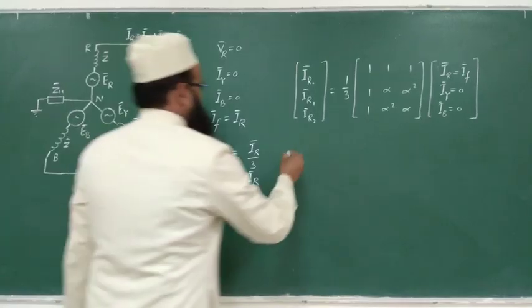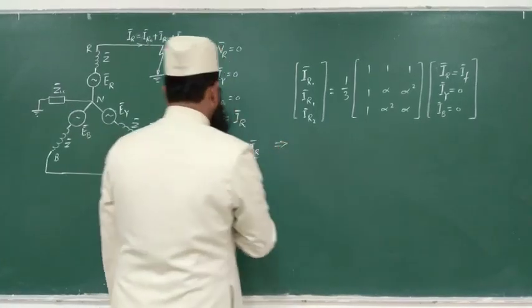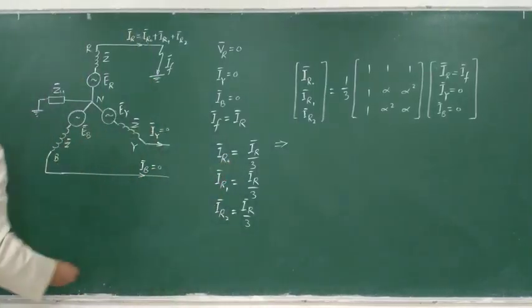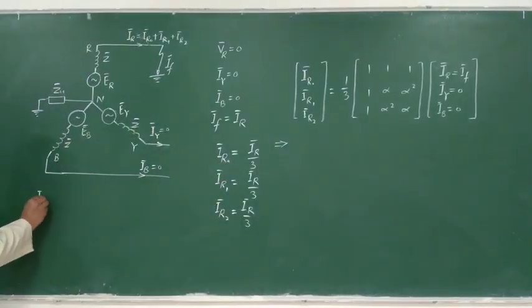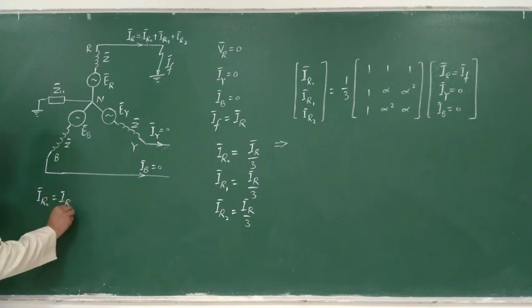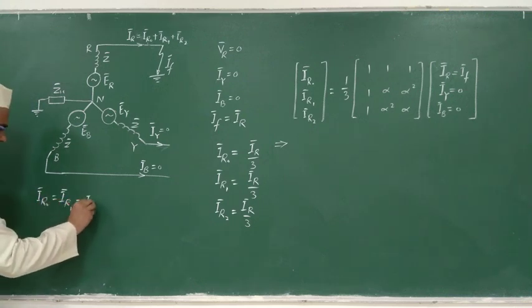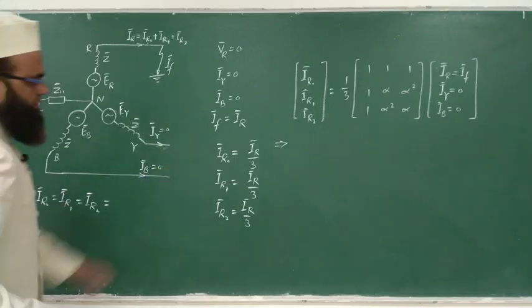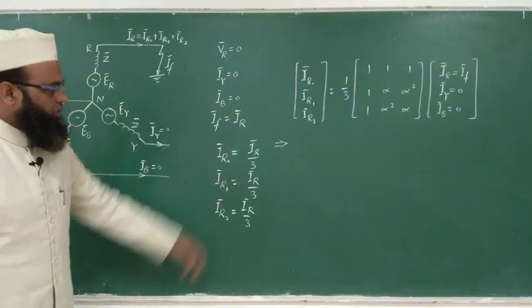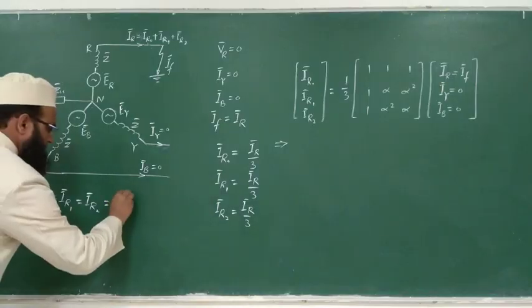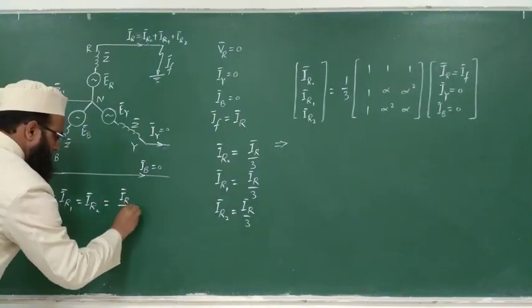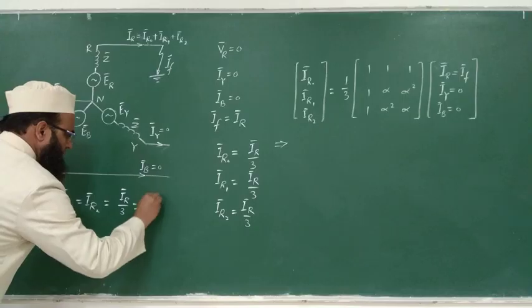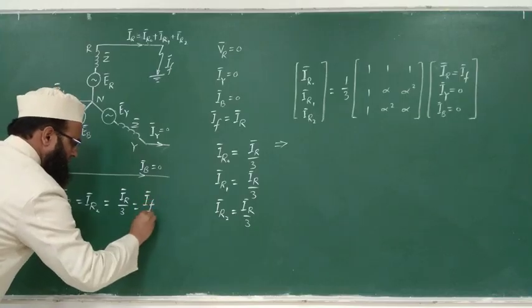So you may write, this implies IR0 is equal to IR1 is equal to IR2 is equal to IR by 3, is equal to IF upon 3.